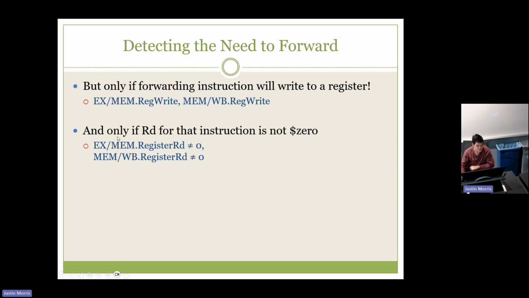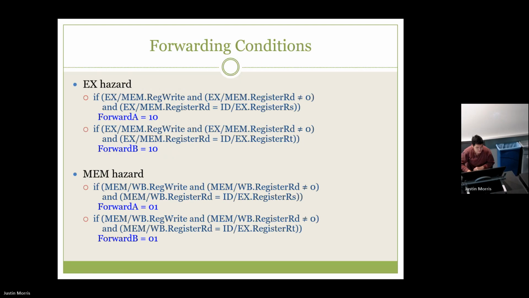And the other thing is we also want to check that RD for the instruction is not register 0, because MIPS does not allow you to write to register 0, right? Register 0 is always 0. So here are our conditions as if statements, right?